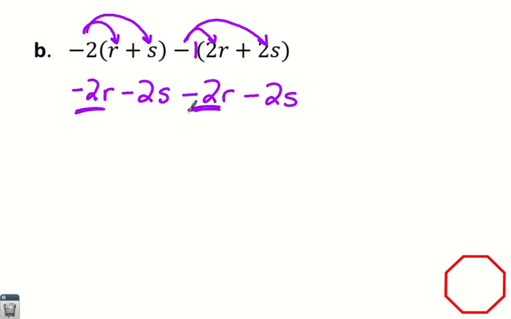So negative 2r minus 2r, that's going to be negative 4r, right? Likewise, negative 2s and then negative 2s combine to be negative 4s. And that's all there is to that.